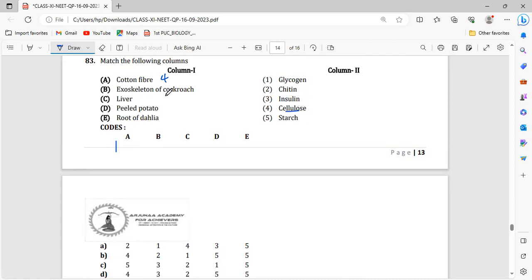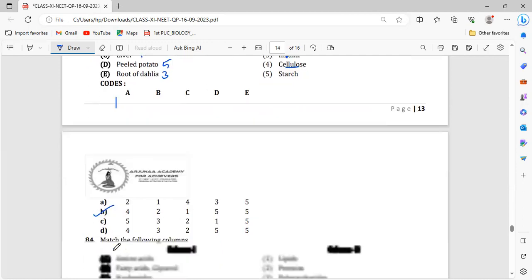Then exoskeleton of cockroach is made of chitin. Then liver stores glycogen. Peeled potato will have starch. Root of dahlia will have inulin. It's not insulin, it should be inulin. So answer is option B.